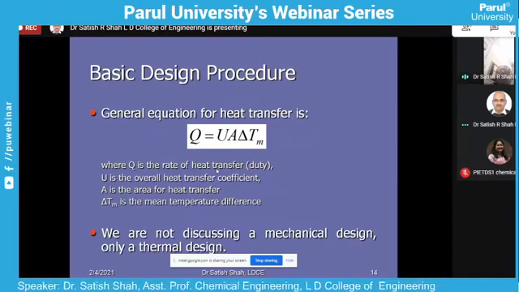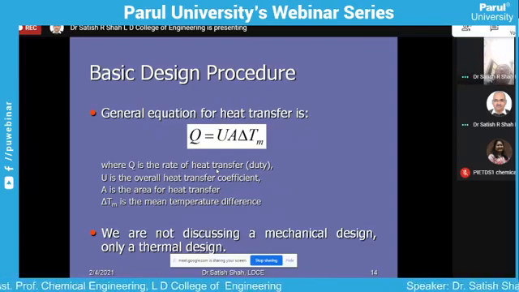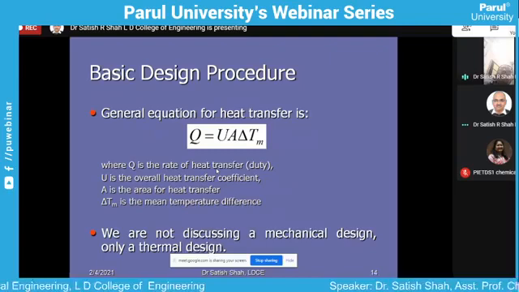But remember one thing, when there is no phase change, the value of U will be low, but when there is phase change, that is condensation or vaporization, the value of U will be more. So if you want to start with no phase change, you have to assume a low value. Low means 500, 600, 700 kilocalorie per hour per square meter per degree Celsius, or watt per square meter per degree Celsius.